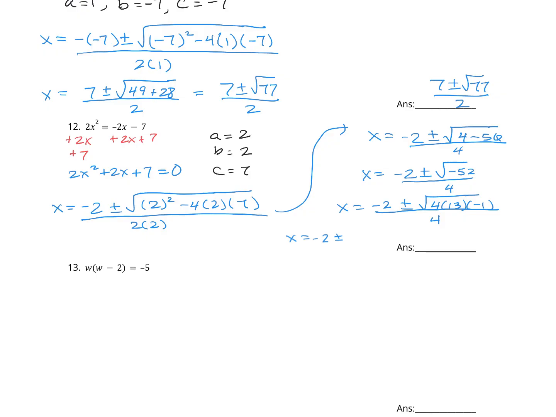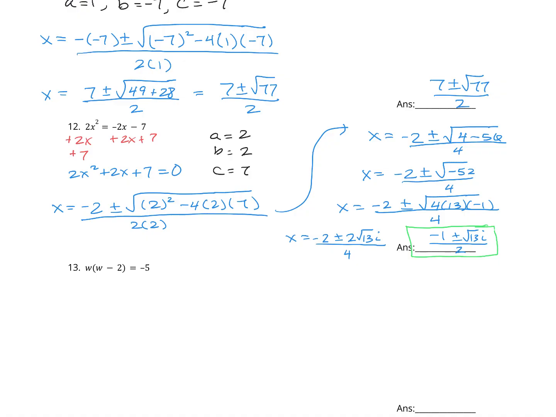The square root of 4 is the number 2. Square root of 13 is stuck that way. And the square root of negative 1 makes an i, all over 4. And then we can reduce down. We can divide everything by a 2. So I'm going to get a negative 1 plus or minus square root 13 i all over 2. And that is my two solutions for that quadratic equation.